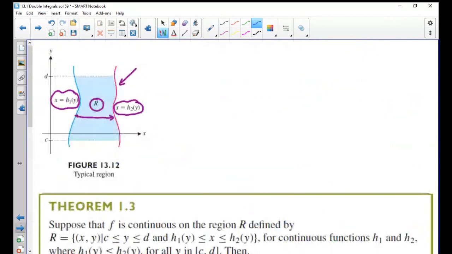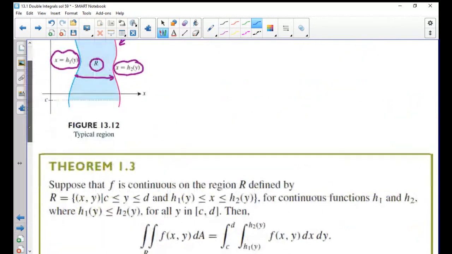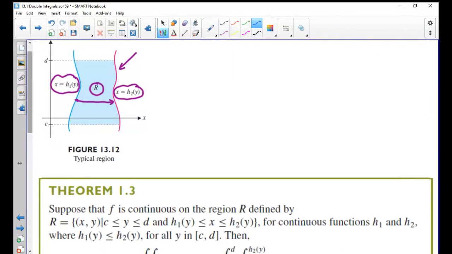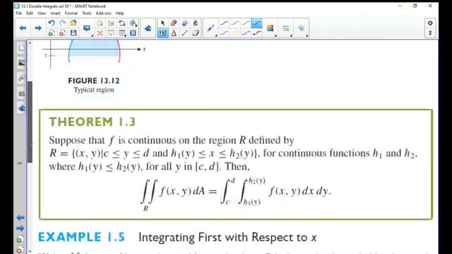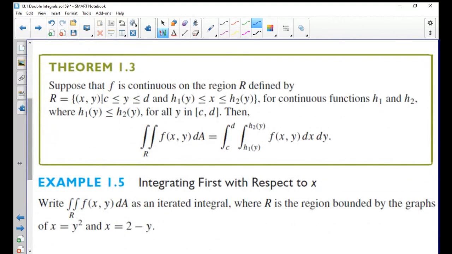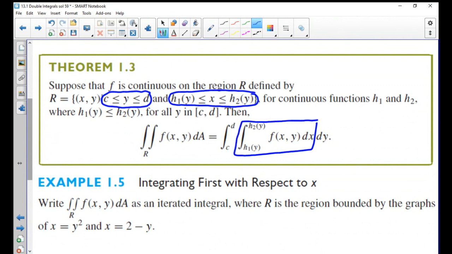Now, when you have an area R defined with y from c to d and x from h1 to h2, you need to integrate first with respect to x, and then the second step with respect to y.